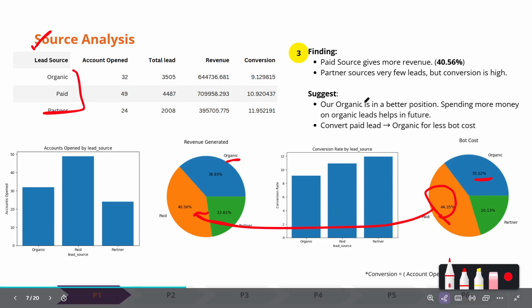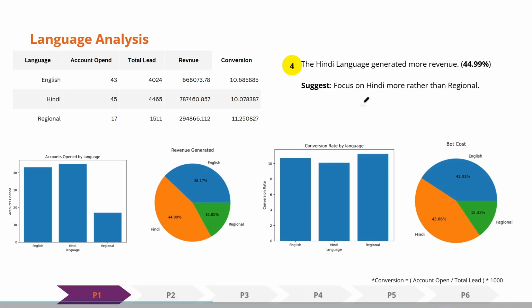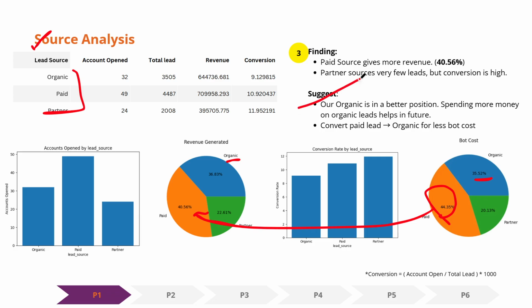If you notice our suggestion, organic is in a better position, and the organic revenue and bot cost are in better condition. If we acquire more customers in organic, it helps us make more revenue. This is the main reason why we are creating the funnel and understanding the findings.